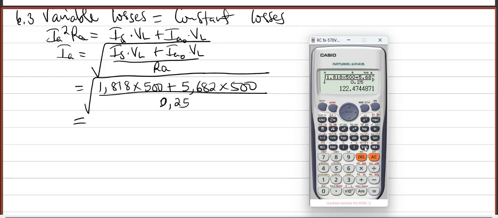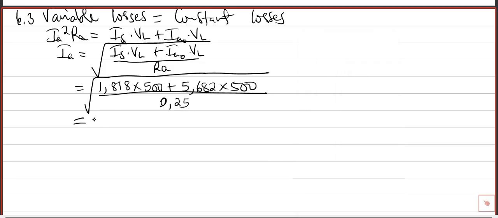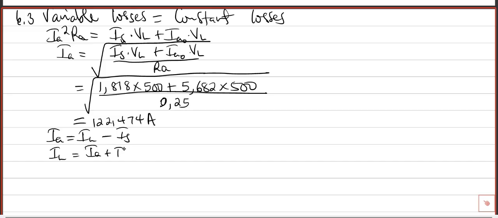For our armature current, we have 122,474 amps. So now that you found your armature current, as we know, armature current is always equal to IL, since it's a motor, minus I shunt. The intention is to make IL the subject. So you're saying IA plus I shunt. You take I shunt to the other side. You need to find your new IL at maximum.